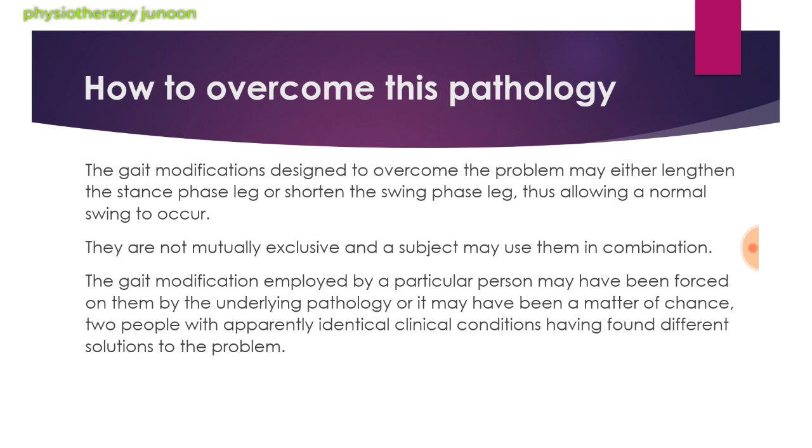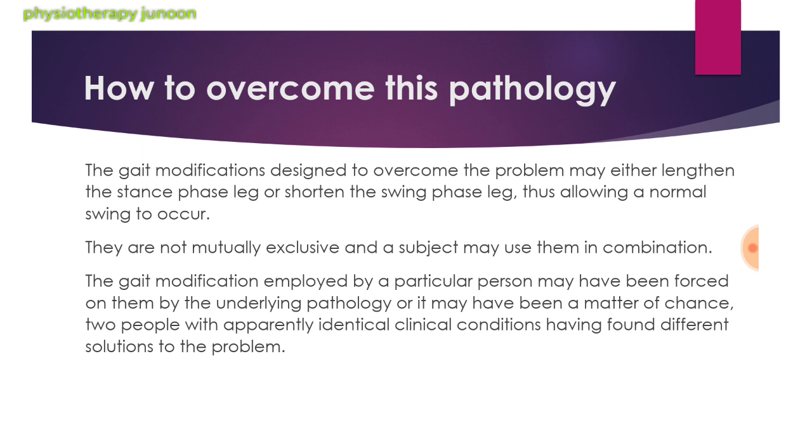The gait modifications designed to overcome the problem may either lengthen the stance phase leg or shorten the swing phase leg, thus allowing a normal swing to occur. They are not mutually exclusive, and a subject may use them in combination. The gait modification employed by a particular person may have been forced on them by underlying pathology, or it may have been a matter of chance.